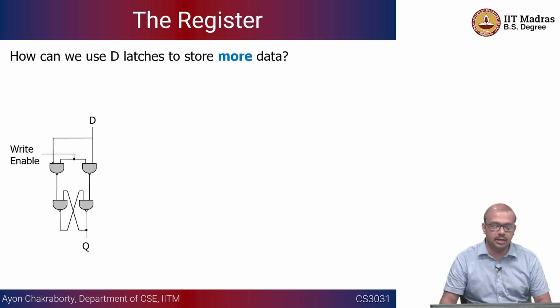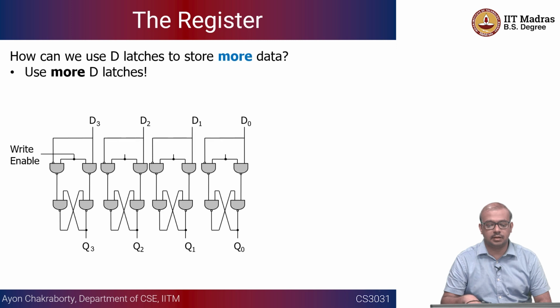Whatever you write in D, and if you have the write enable on, is going to be reflected in Q. Okay, and if your write enable is off and the system is powered, Q is going to be held, right? Whatever be the value of D, it doesn't matter. Q is going to be saved.